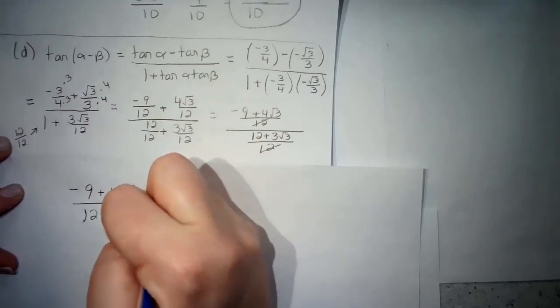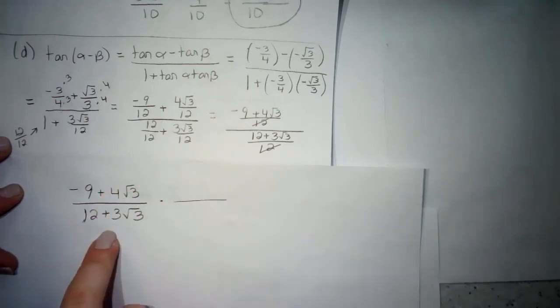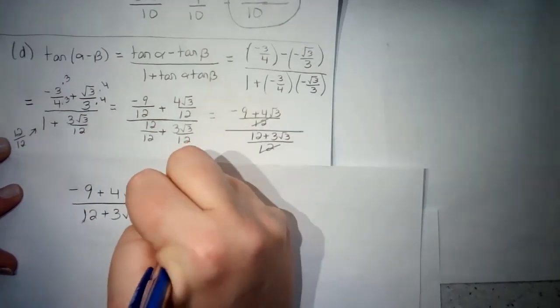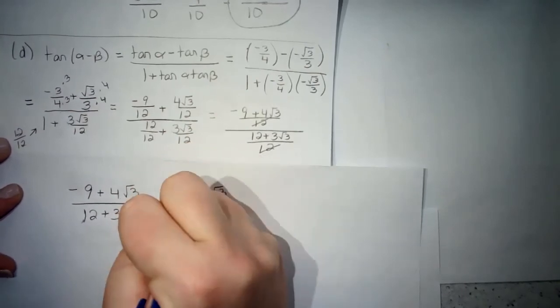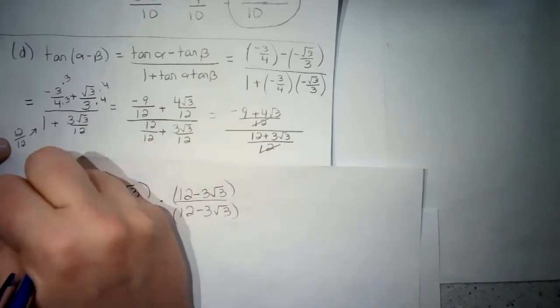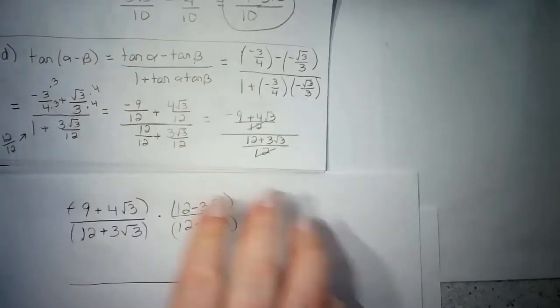All right, now what are we going to multiply top and bottom by? 12 minus 3 root of 3, right? Now we're going to do that. Okay, we're foiling. All right, here we go.